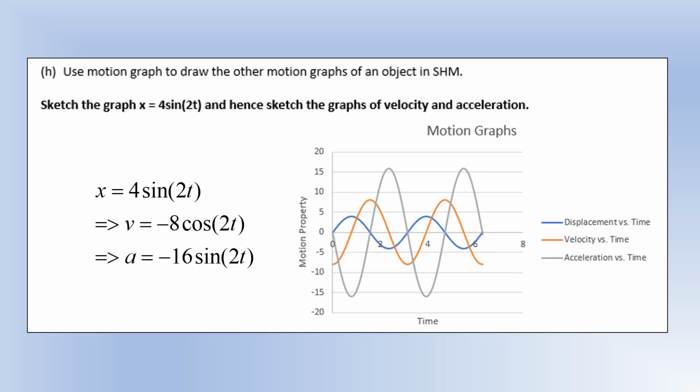If we take the first derivative, that's going to be velocity, and the second derivative is going to be acceleration, and that's what allows us to sketch the graphs you can see on the right hand side. So the blue one is our displacement. We can see the acceleration is the grey one, which is the exact opposite, so it's directly proportional but in the opposite direction, whereas the velocity is 90 degrees out of phase because it's a cosine function.